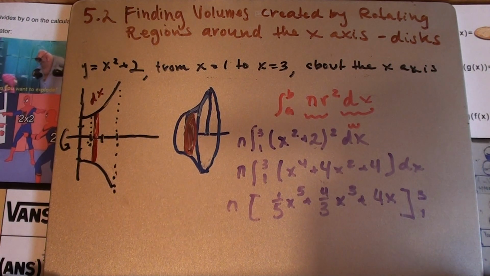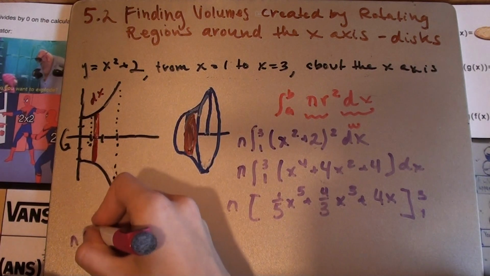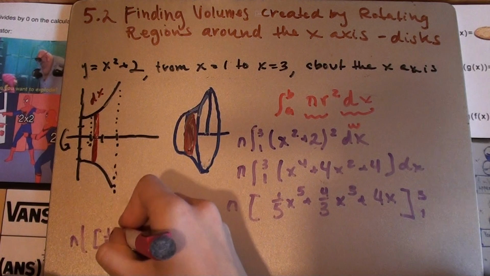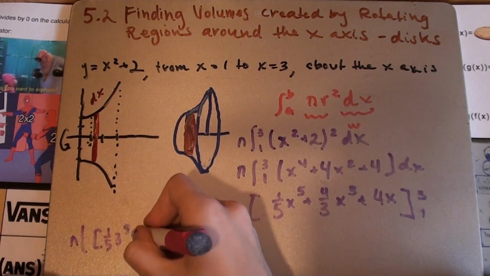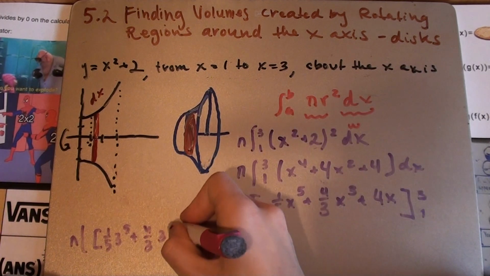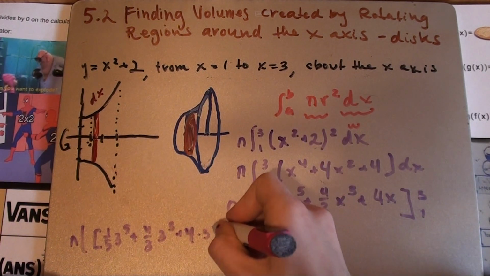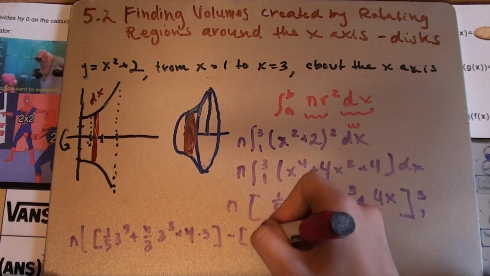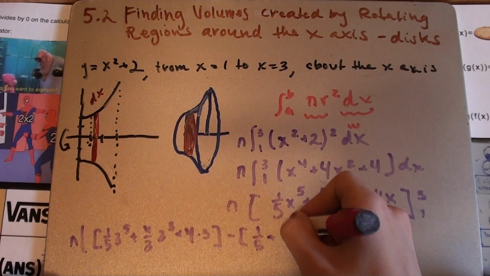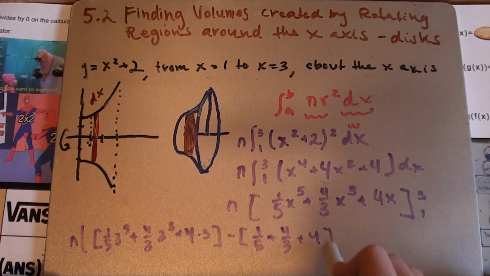Once we plug in our bounds, let's see what we get. We're going to have pi times 1/5 times 3 to the 5th plus 4/3 times 3 to the 3rd plus 4 times 3, minus everything at 1, so 1/5 plus 4/3 plus 4.